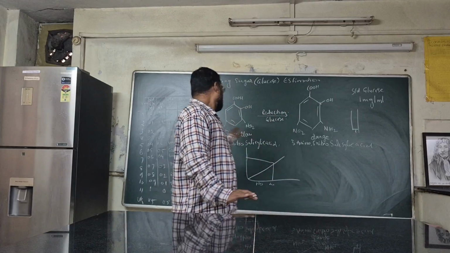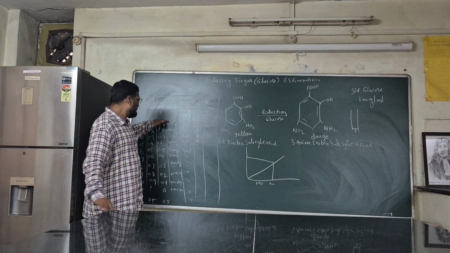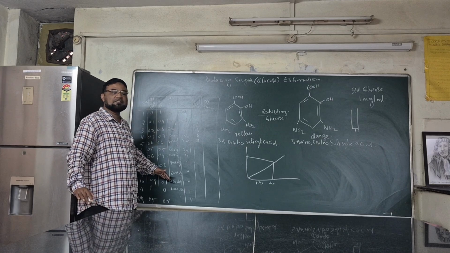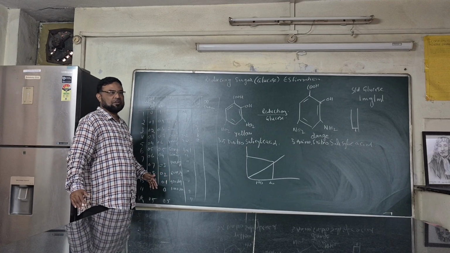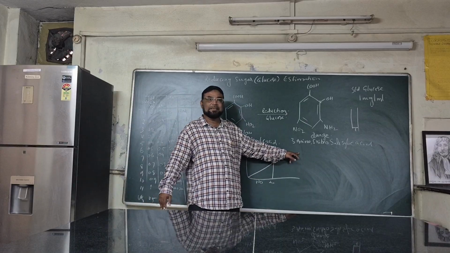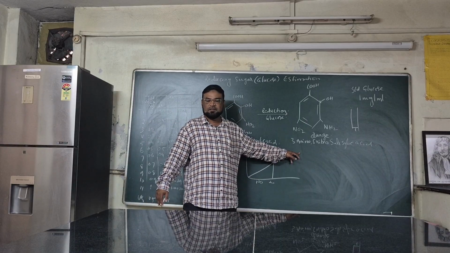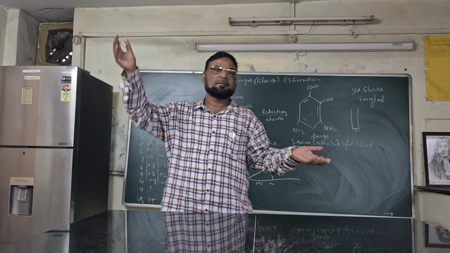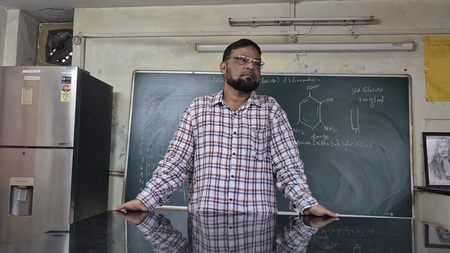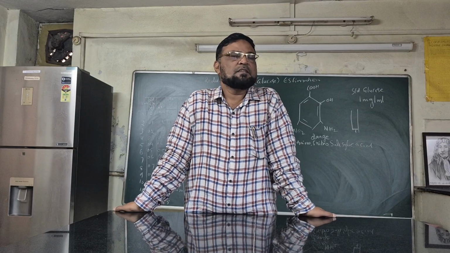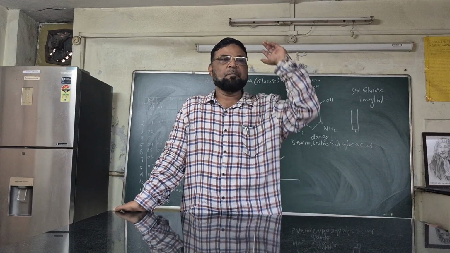So here, as the concentration increases, see now here 100, 200, 300, 400, its absorption or optical density also increases. So it is showing a linear increase. Till what concentration will that increase take place? Till optical density and concentration co-align. Is it lifelong, whatever the concentration?